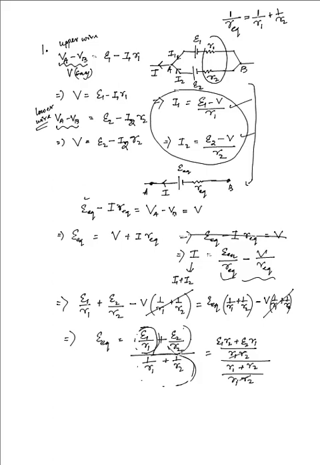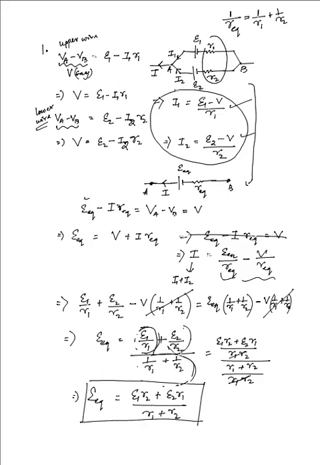They get cancelled out, the denominators in each part. So we have E equivalent equal to simply E1 R2 plus E2 R1 whole divided by R1 plus R2.